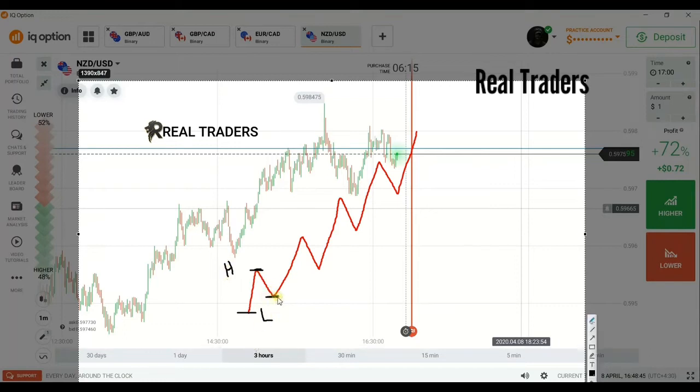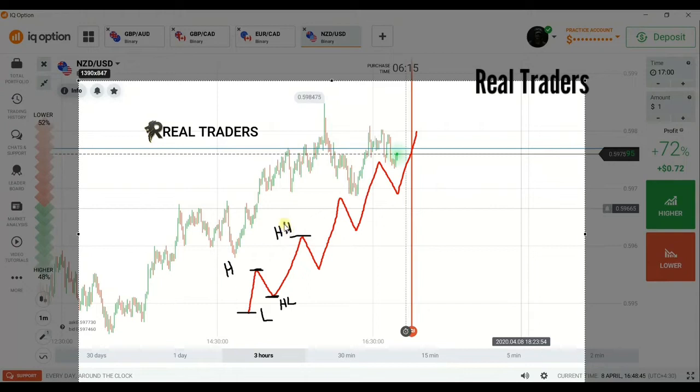This is higher than this low, right? So it's called a higher low. And here you can see it is a new high. It is higher than this high, so it is called a higher high.